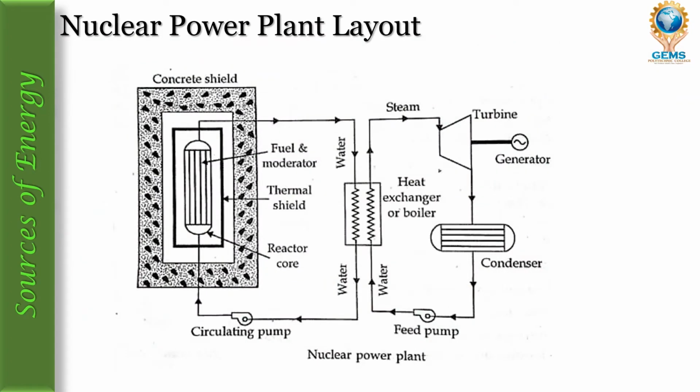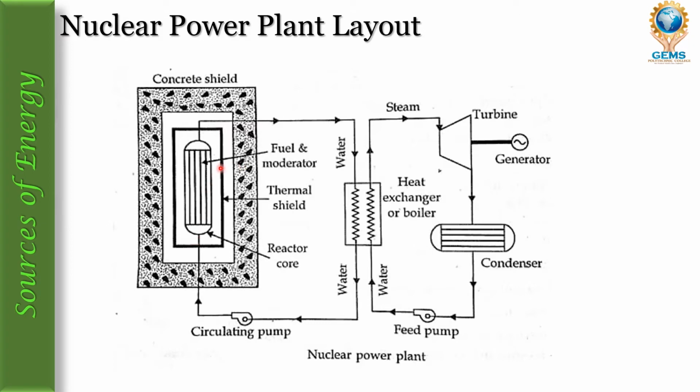So this is how the nuclear power plant layout looks. This is the concrete shield. Inside this are the fuel and moderator, and the fuel and moderator are kept inside the thermal shield.